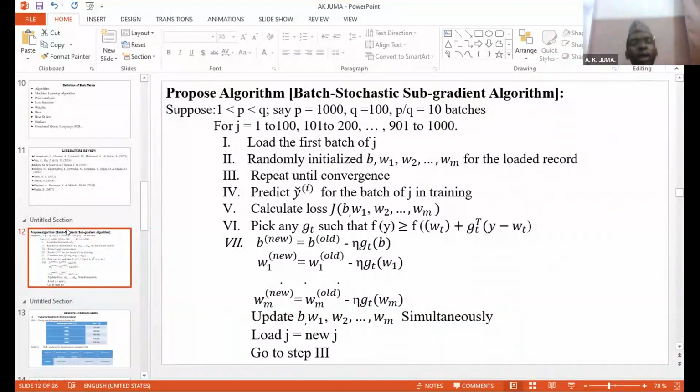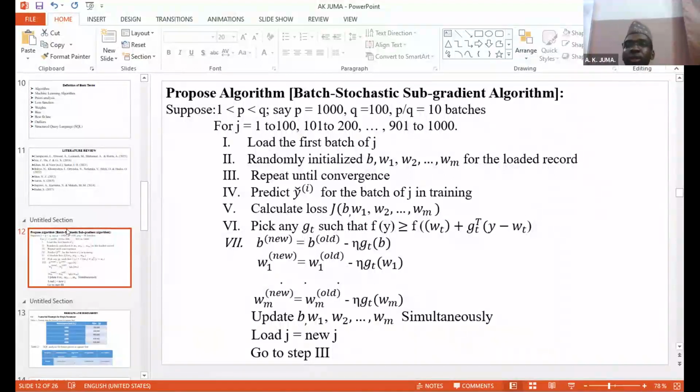Recall, I said the batch sub-gradient method: if you have 1 million records or 1 billion records, it considers all those records. It will load all those records into memory before starting to initialize at which point my fit line, if I'm dealing with just a single parameter, intersects the y-axis.